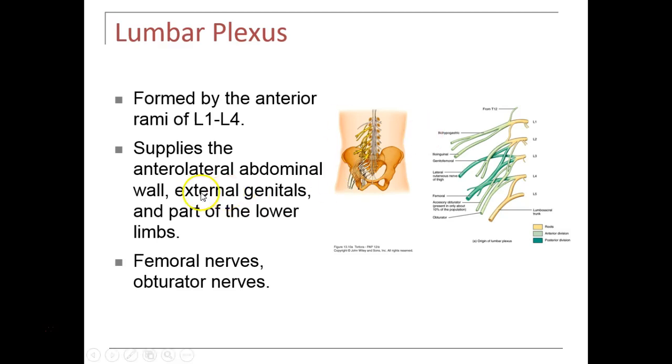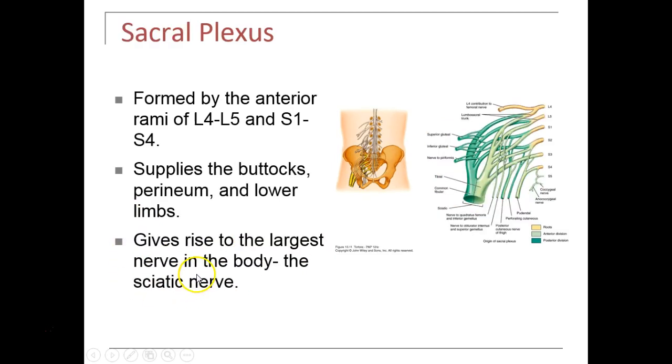So all of the anterior lateral part of your abdominal wall, the external genitalia, and your legs are supplied by some of these nerves. I listed two important ones, the femoral nerves and the obturator nerves. So just know those, although we have these other branches that come off. Just know what I wrote in this picture.